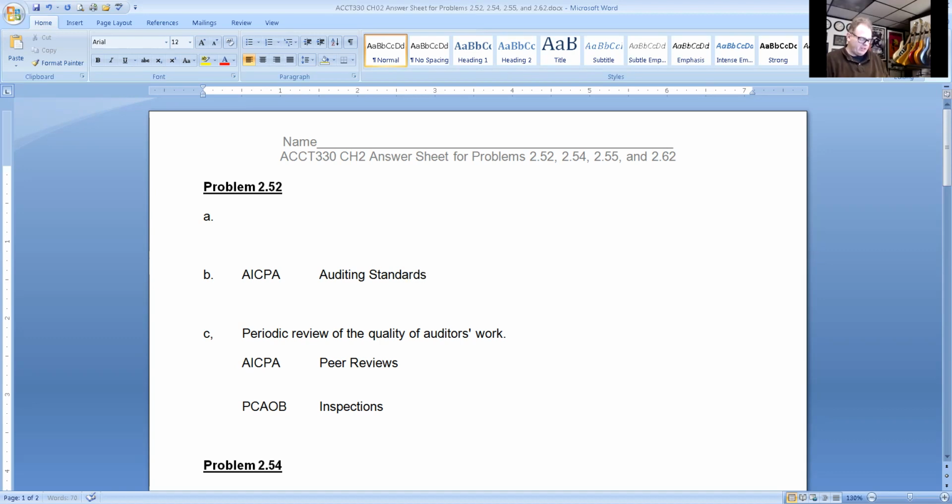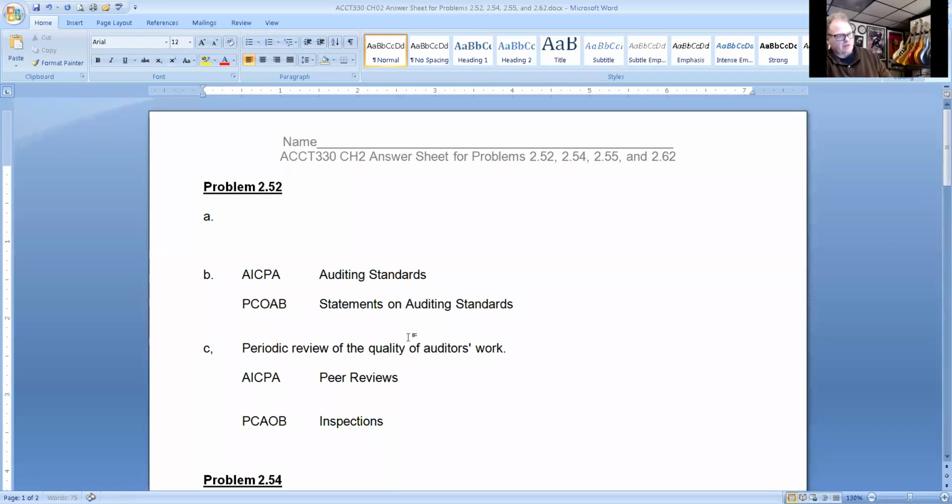And the PCAOB, they're called Statements on Auditing Standards. So they asked what the standards were for those two. That's what they're kind of looking for.